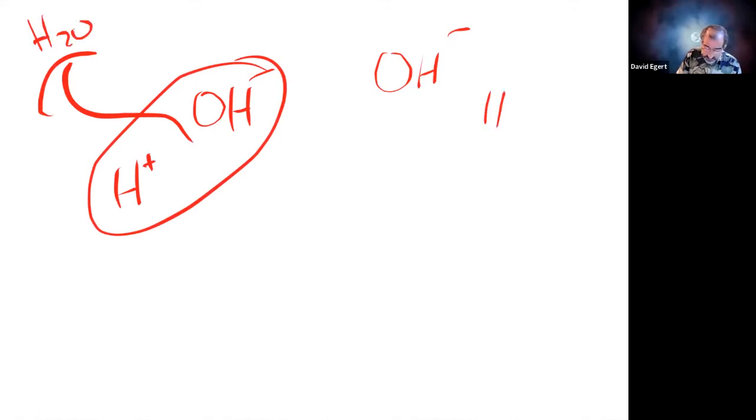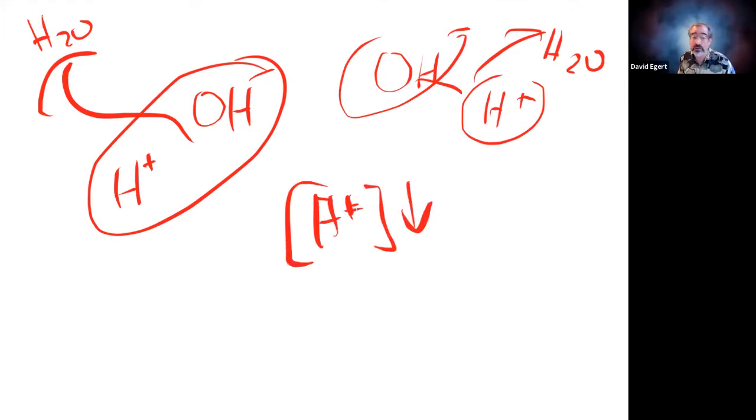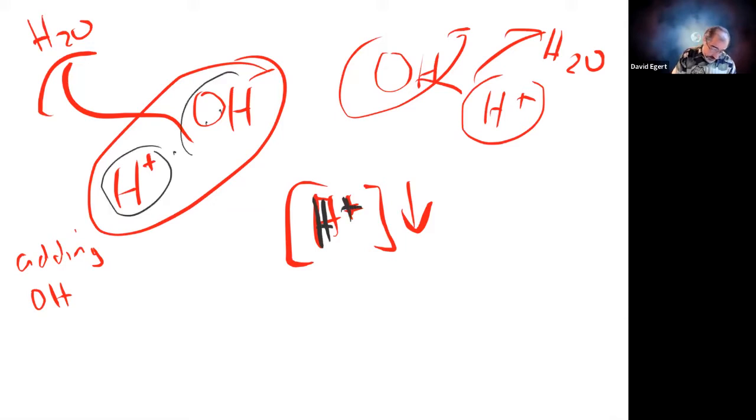So by adding the hydroxyls into my solution, my H plus concentration overall is going to be going down. So here I'm adding my little hydroxyls. The overall H plus is effectively going down because the free H pluses are combining with the hydroxyls and turning into waters, which just become more water.